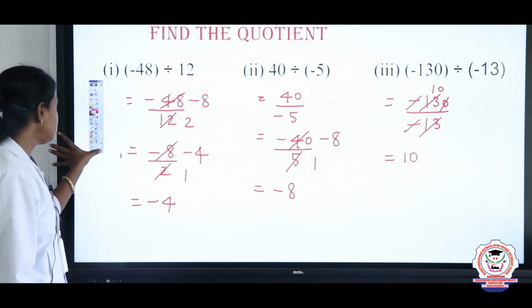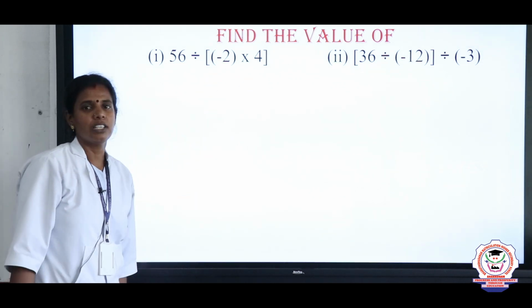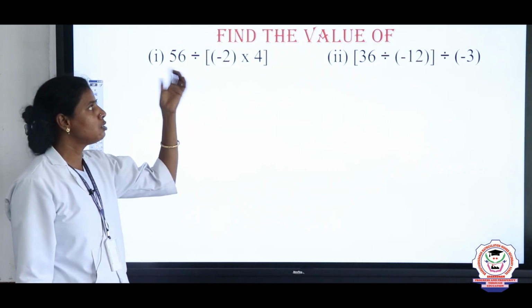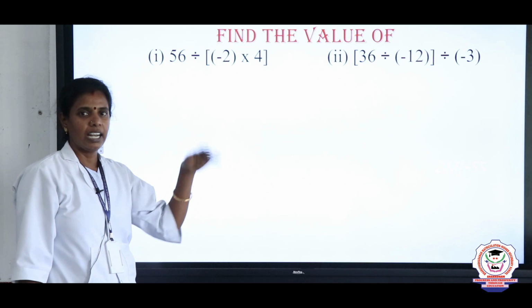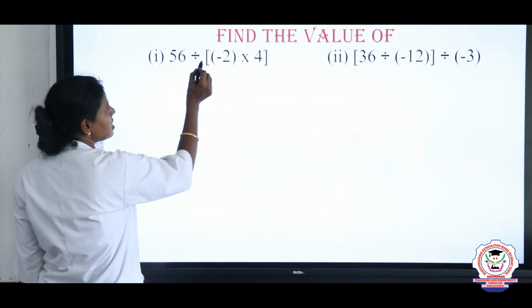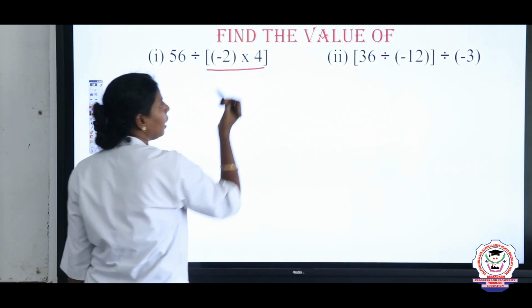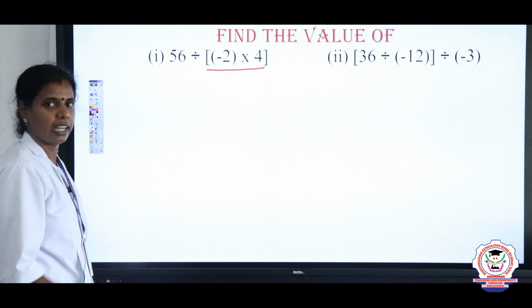And next we are going to solve simplification using both signs, multiplication and division. So, first question is 56 divided by minus 2 into 4. First, we are going to solve the number given inside the bracket, right.